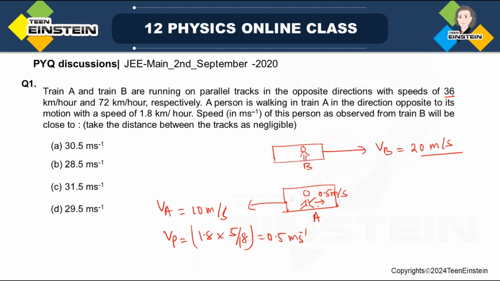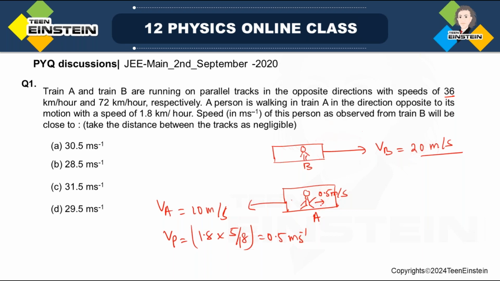That means this man has a relative velocity with respect to its frame itself. Its frame is the train A, and it has a relative velocity. Ultimately it is moving with the train itself.